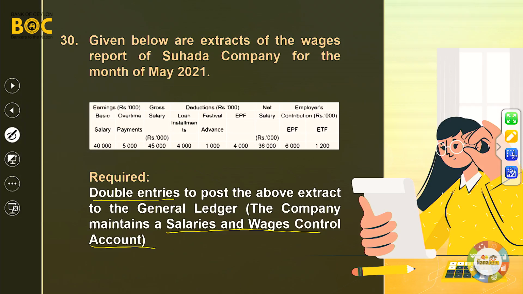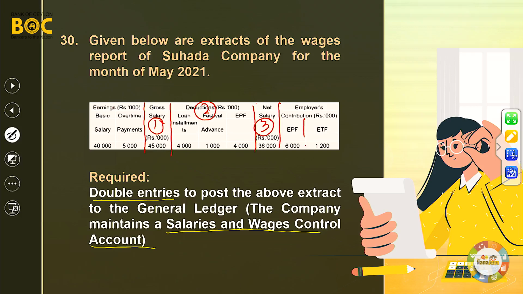The double entries start with the gross salary. The first entry is for the recording of gross salary. The second entry is to record the deductions from the salary. The third entry, net salary payable or paid.